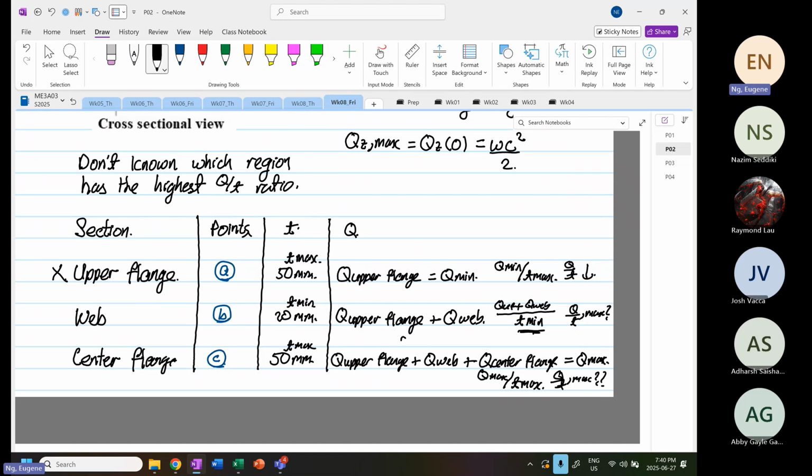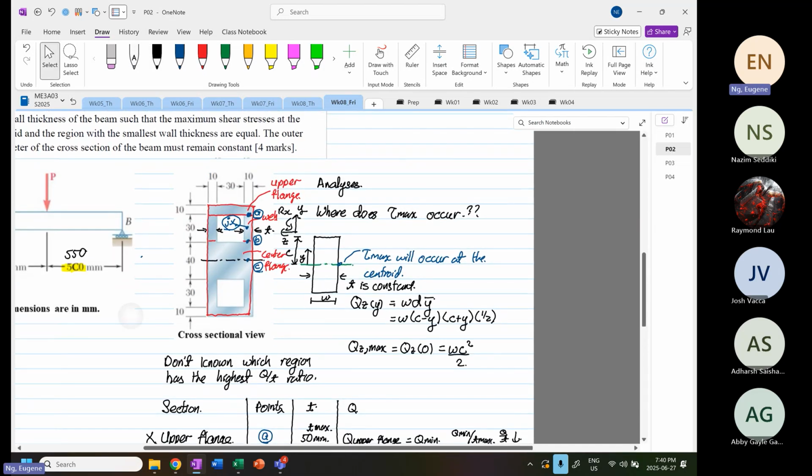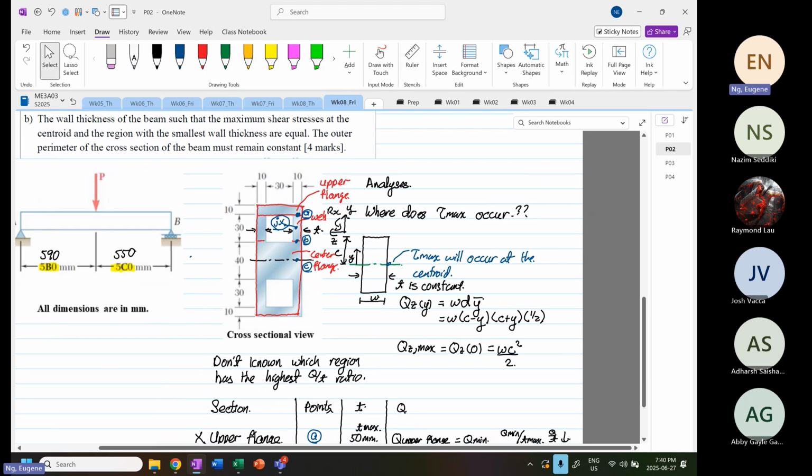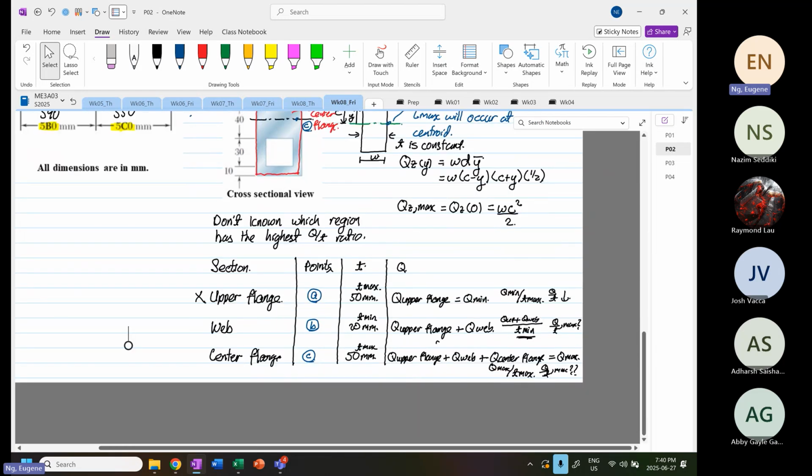For now, do not worry about the V over I yet. Why? Regardless of whether it is point A, point B, or point C, the V over I ratio is constant. That's why I teach you all this concept: the shear force and the second moment of area are always constant.